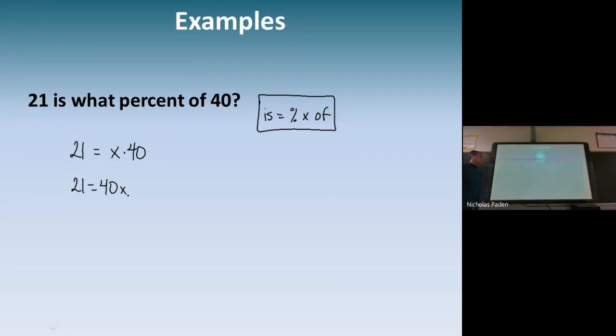So if we're solving this equation for x, we're going to do both sides divided by 40. So to solve this, we need to do 21 divided by 40. You are going to be working with some decimals in this case. So remember, whenever we are working with decimals, the top number goes on the inside. 40 is going to go on the outside. 40 doesn't go into 21.